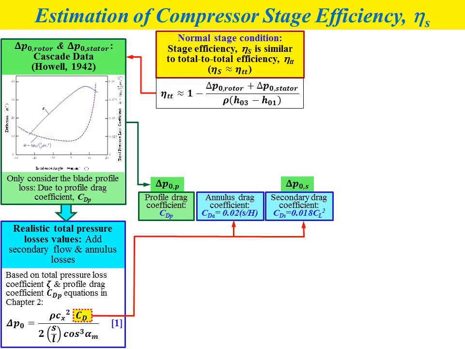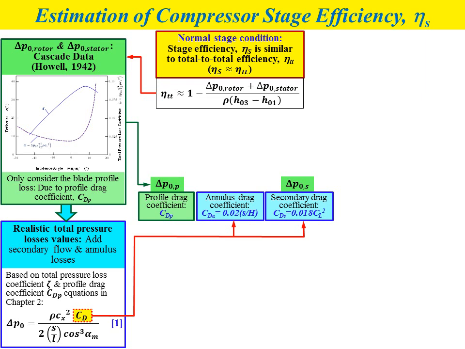If you want to obtain delta p naught due to annulus losses, we need to include the drag coefficient due to annulus losses, CDA, where the CDA formula equals 0.02 multiplied by S over H. S stands for spacing distance, H stands for blade height.